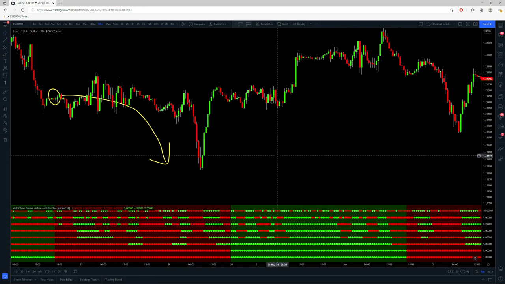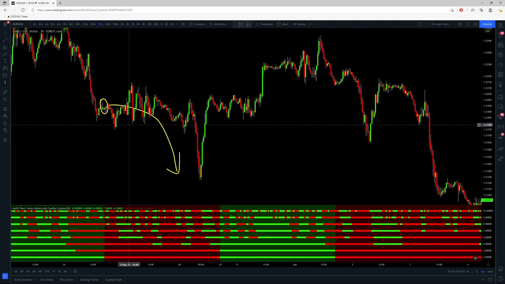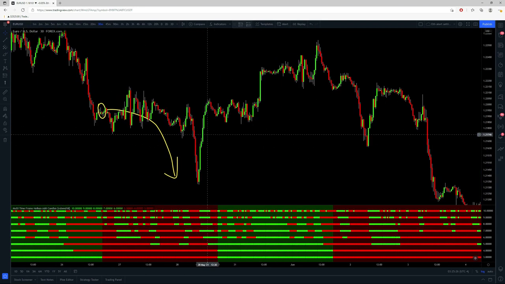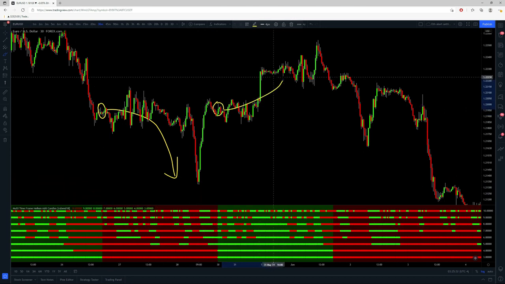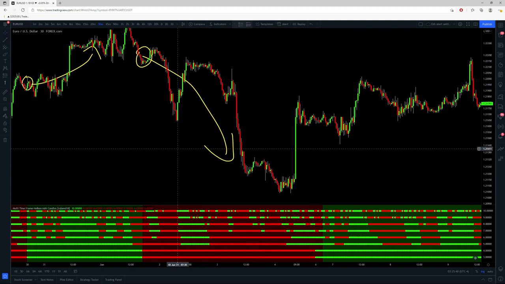But still, not a single time where there's not a move in the favor that would put you in profit if you had bought on a green or sold on a red. So it really does a great job, and it holds its position, so it doesn't really flip around too often.